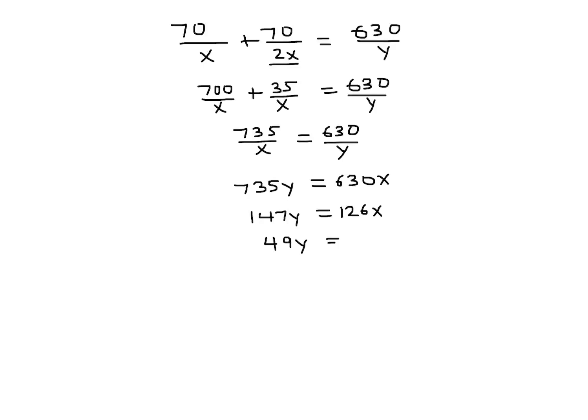This gives you 49 and 42. Oh, divide through by 7, there you go. 7y, 6x. There you go. 7y is equal to 6x.